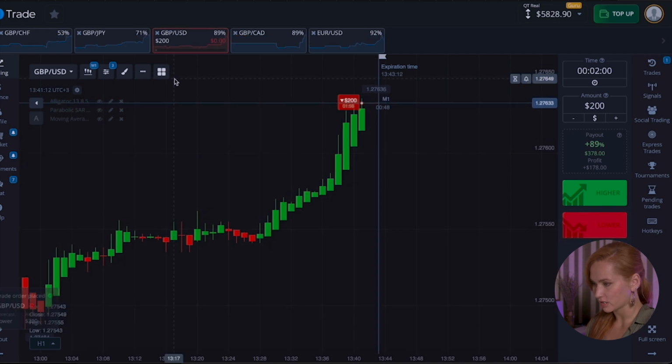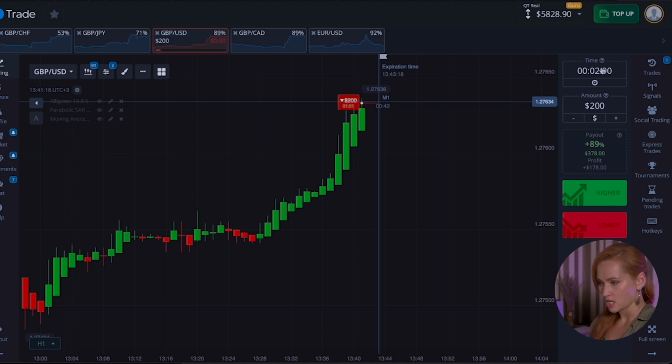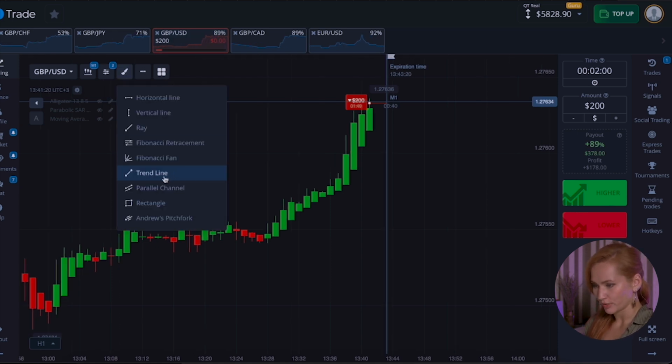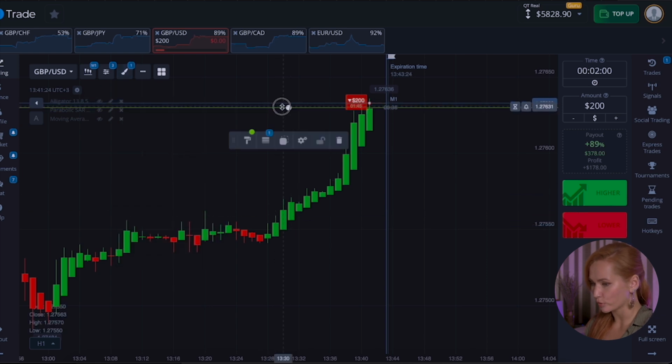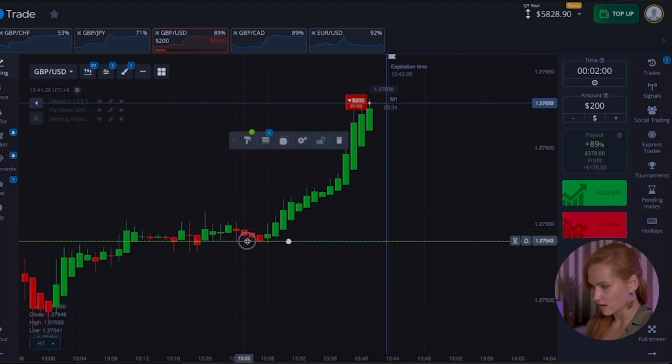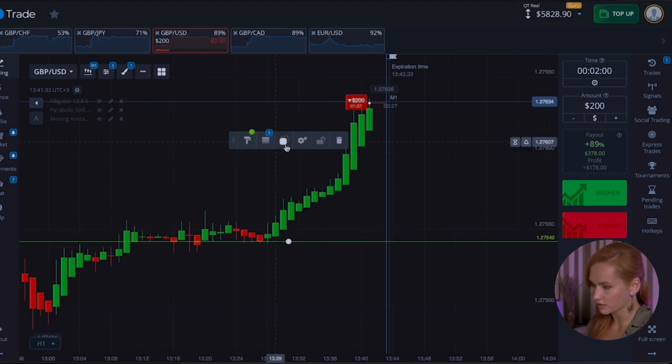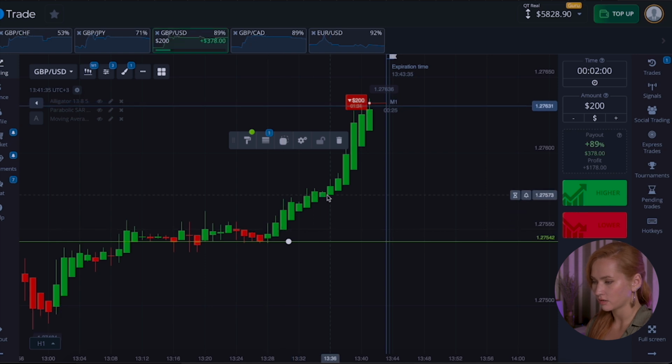I opened the GBP USD currency pair for 2 minutes. Now we will build a line with you. So we see the support line here, a sideways movement here, then a reversal, and a clear uptrend.